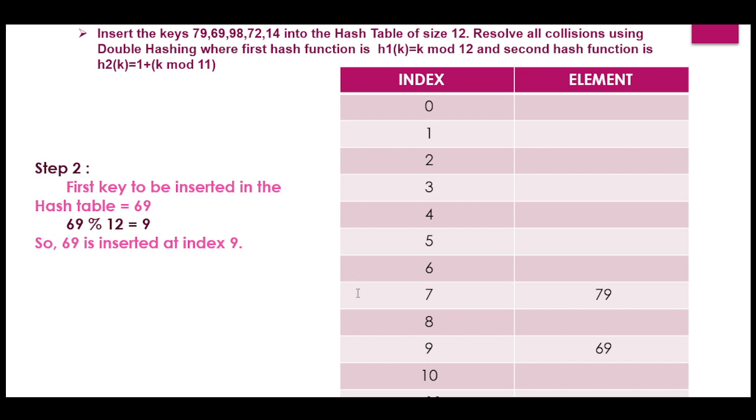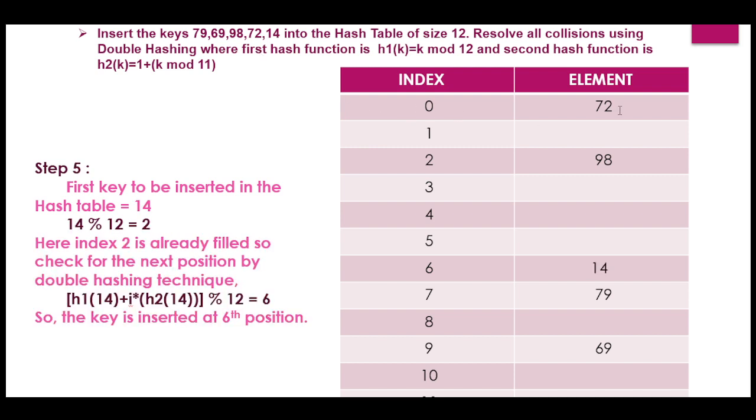In the index 9 there is no element, so we can insert 69 happily. Next we have 98. 98 mod 12 is 2. In index 2, 98 can be inserted. Next 72 we have. 72 mod 12 is 0. In index 0, element 72 can be inserted.